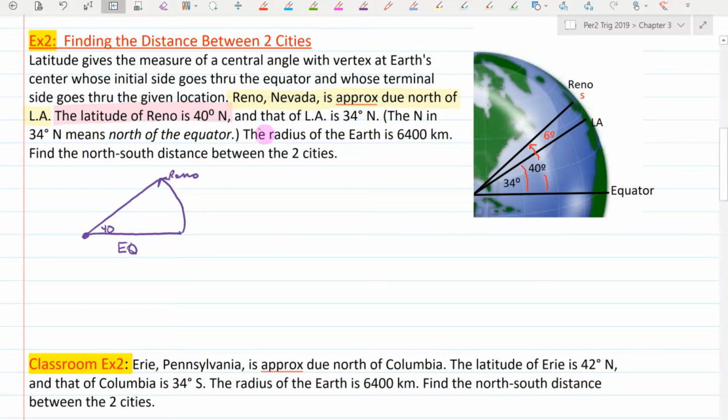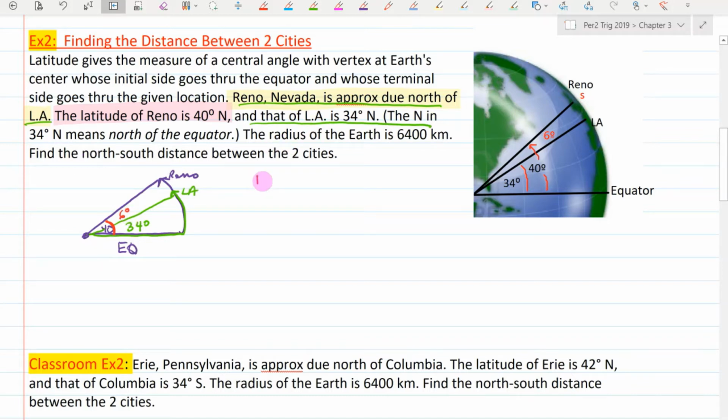Second sentence: LA is 34 degrees north. So from the equator, LA is 34 degrees north, and Reno is north of LA because they say that here. If the whole angle here is 40 and that's 34, that has to be 6 degrees.